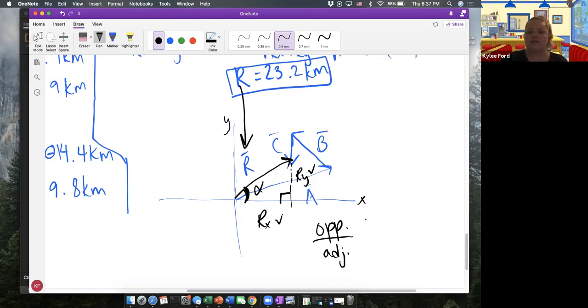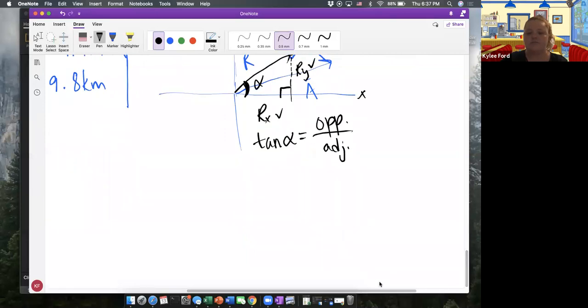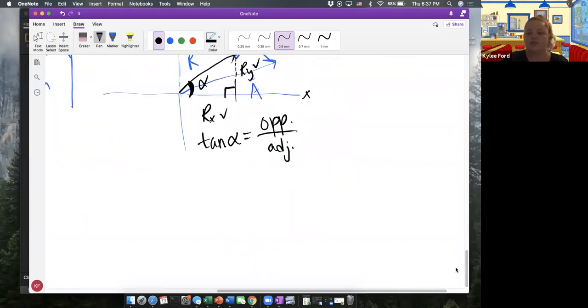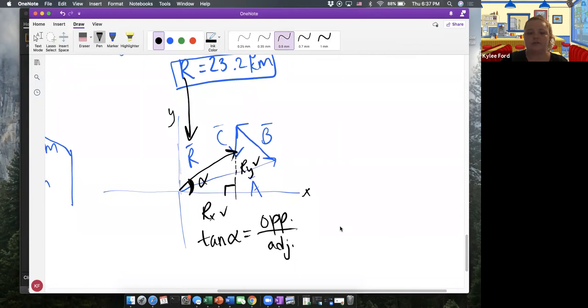Which trig identity is opposite over adjacent? Tangent, right? So tan of alpha is opposite over adjacent, so that's going to be Ry over Rx.